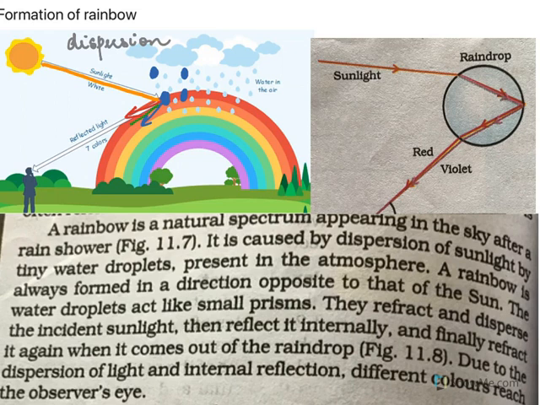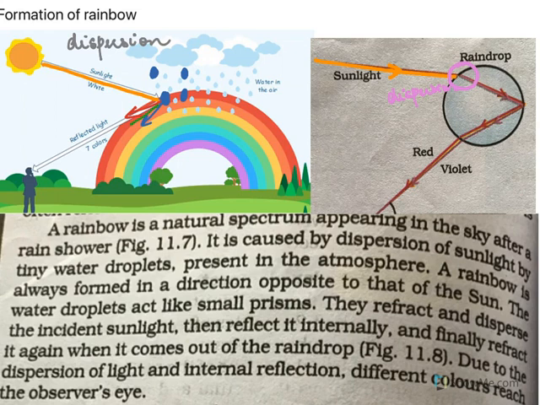So here again there's another diagram which you need to draw in your exam. This is the sunlight entering the water droplets, and at this position you will have dispersion taking place. As it enters, there will be dispersion, splitting of the light.